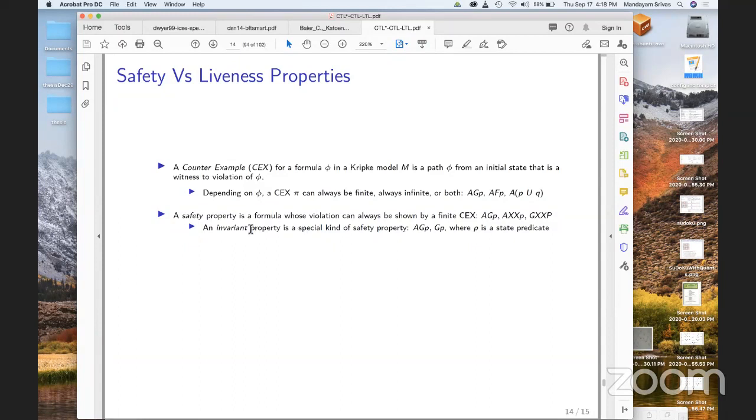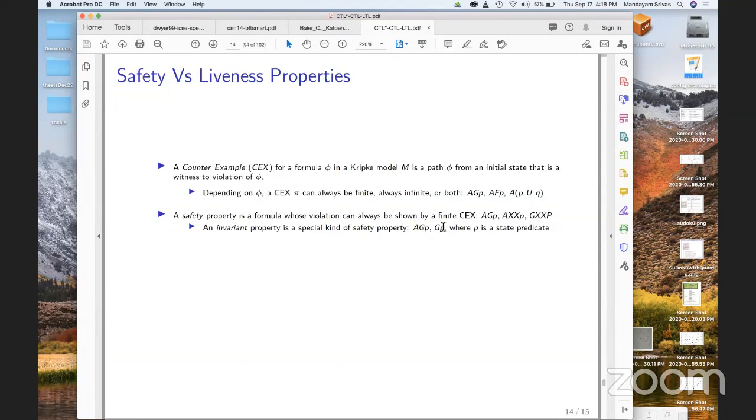There's a special class of safety property among safety properties called an invariant property. This is a special kind of safety property where AG of P, in general, if P here is a state predicate, then it is considered an invariant property.